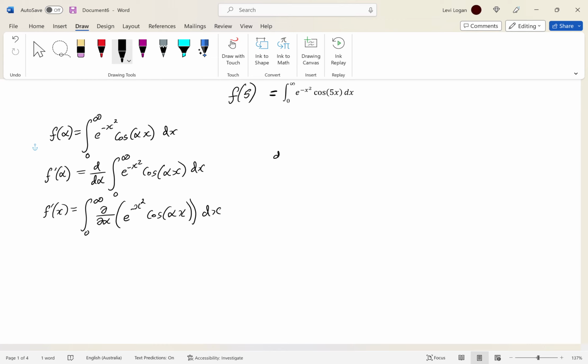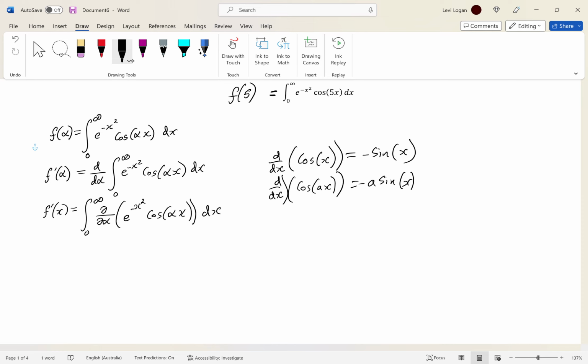Recall, if you differentiate just cos x, that goes to negative sine x. And of course with the chain rule, if it's cos of ax and you're differentiating with respect to x, the a is going to come out the front. In this case, our x is going to be our a.